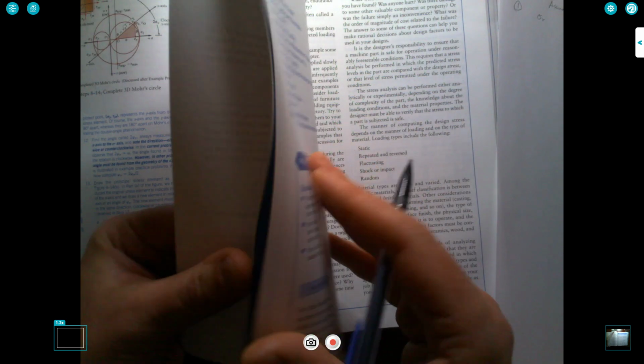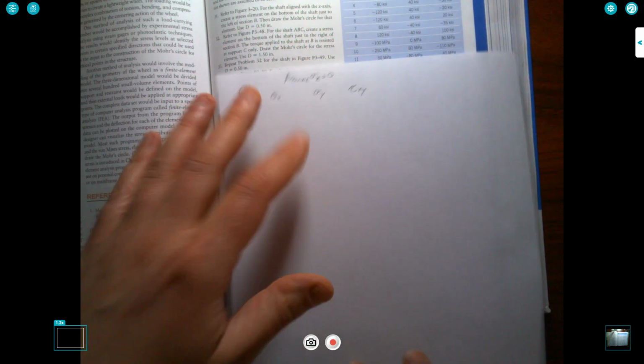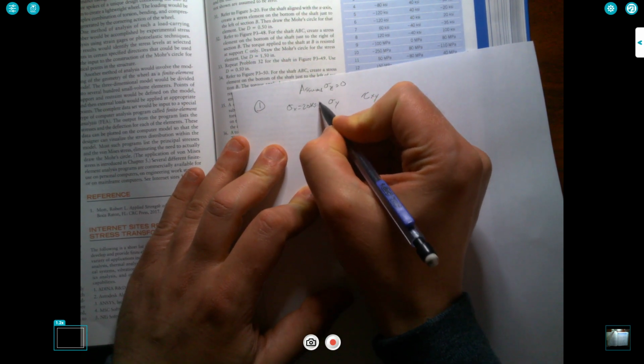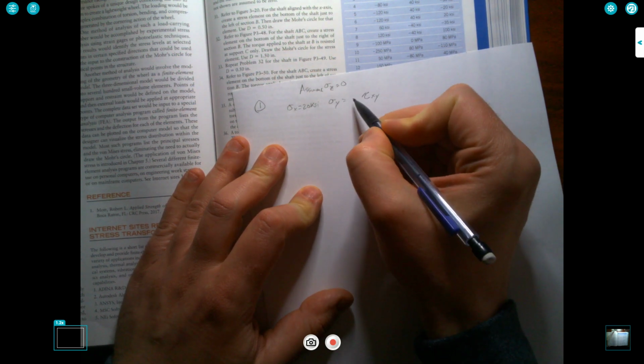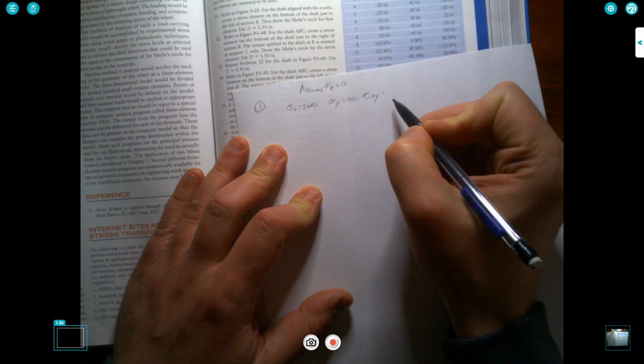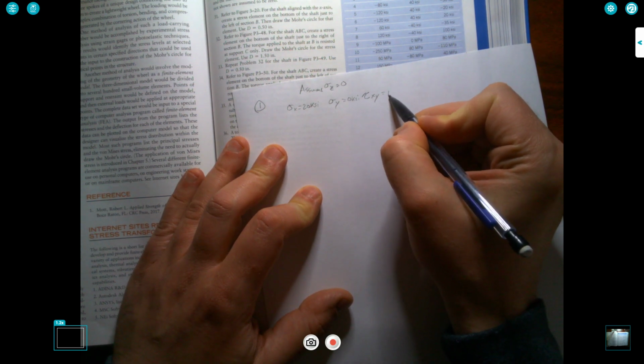Step 2 would be draw the stress element. So go back to the problem, we have sigma x equal to 20 KSI, sigma y equal to 0 KSI, and tau xy shear is 10 KSI.